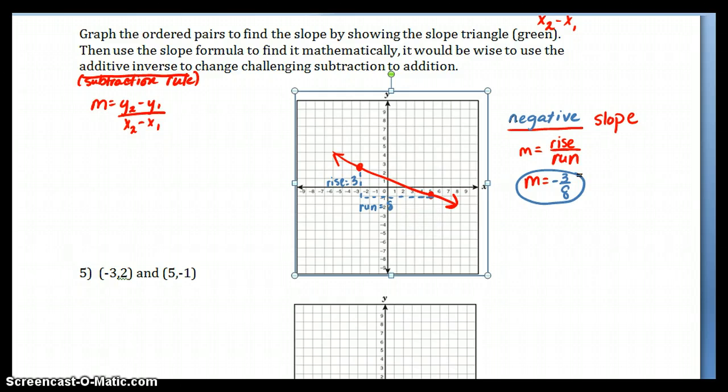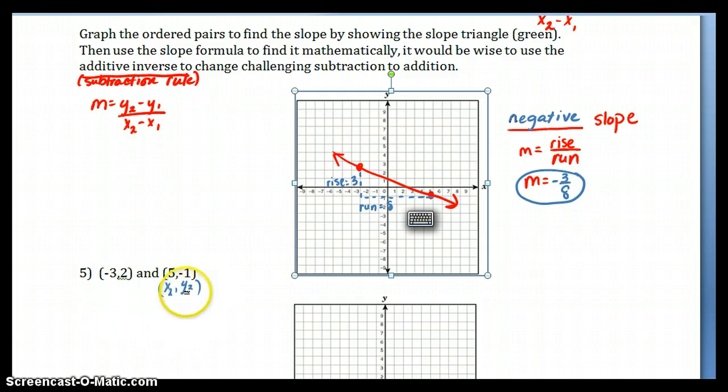Now, for the actual mathematical, we are going to substitute our values in. The neat thing about this is you get to decide what your y sub 2 is. So I'm going to decide that this negative 1 is y sub 2, and that means this 5 is x sub 2.